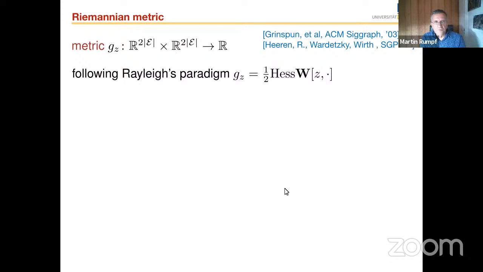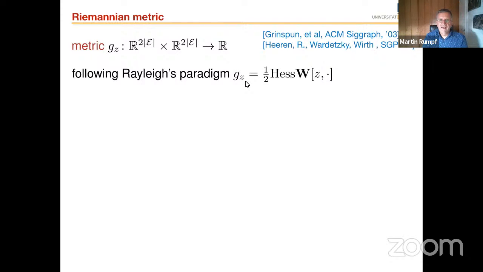And the principle we follow here to define a metric is what is called Rayleigh's paradigm. We consider a deformation energy. Let's think of it as an elastic energy, where you also have infinitesimal variations. And then we compute the Hessian of this, up to this factor 1/2.